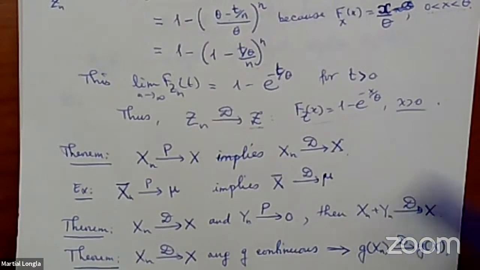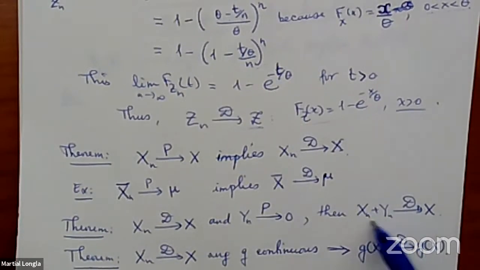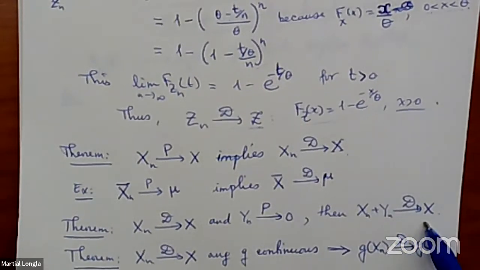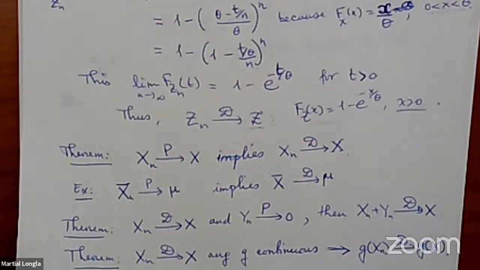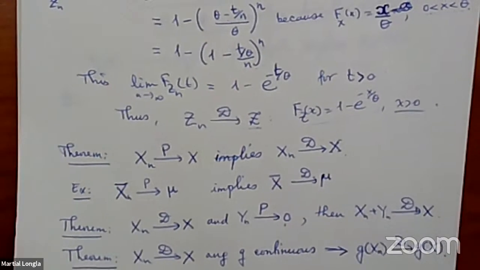So you can drop that small quantity and just focus on the bigger part, because if that big part converges in distribution, then you will conclude that the whole thing converges in distribution. And it's important that this here is 0. Because if it's a random variable that is here, it becomes a different story.